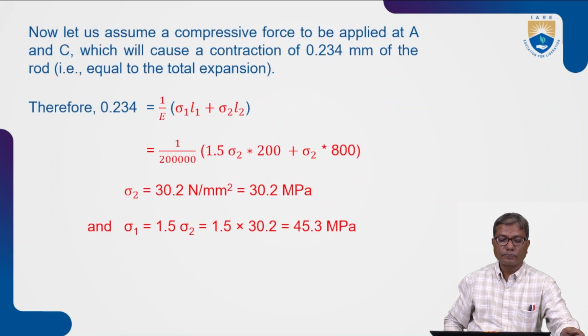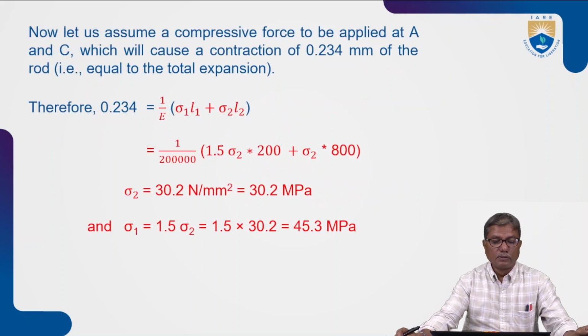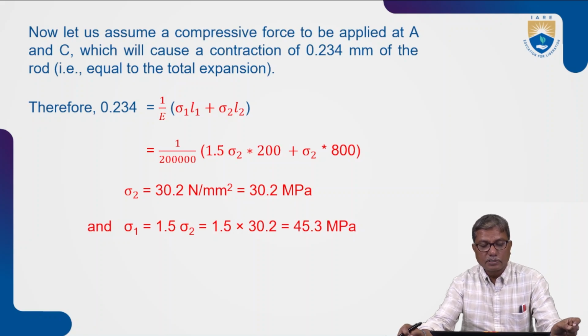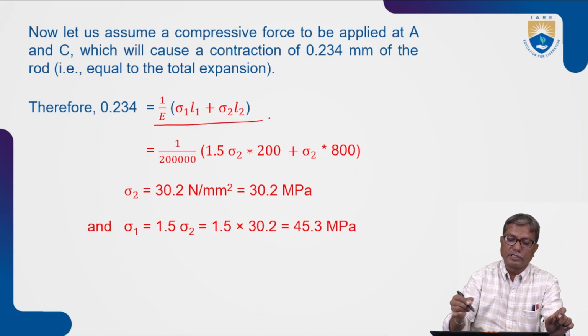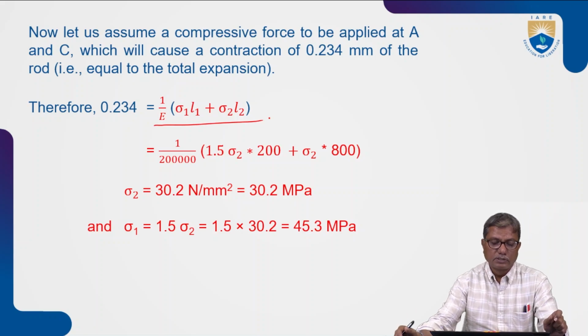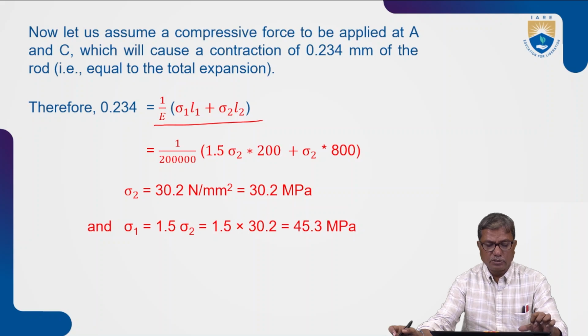So the total expansion delta L is given by this expansion because the material is same. We have seen this expression just now. So the total expansion is given as 1 by E into sigma 1 L1 plus sigma 2 L2.